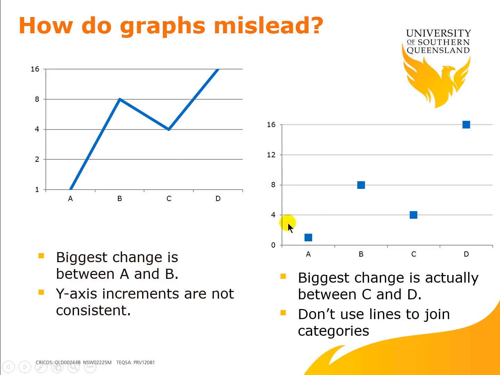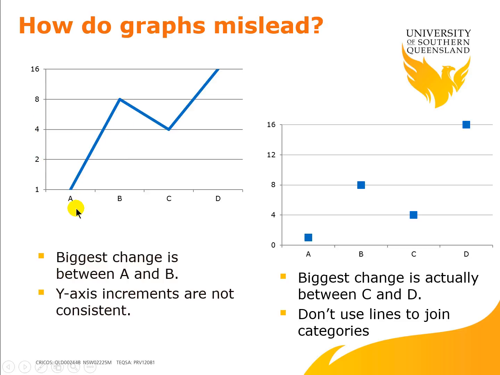So if I change that scale back to equal increments, we can see that the biggest change is actually between C and D. Now, maybe I had transformed the data in some way that I actually need to use this scale. This was correct and this is incorrect. Perhaps maybe this is misleading. But unless I make it really clear by my axis label, then it's very easy for someone to misinterpret.